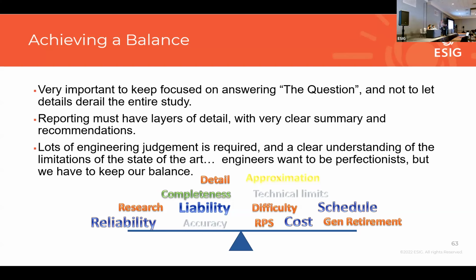So it really is the compromise. You're always going to find ways to make your model more accurate, but at some point that comes at the cost of time or budget. There's always going to be another contingency that you want to run, but you might not be able to get to it.